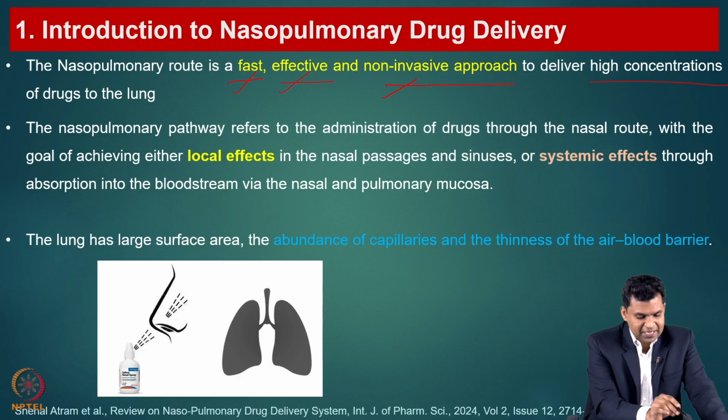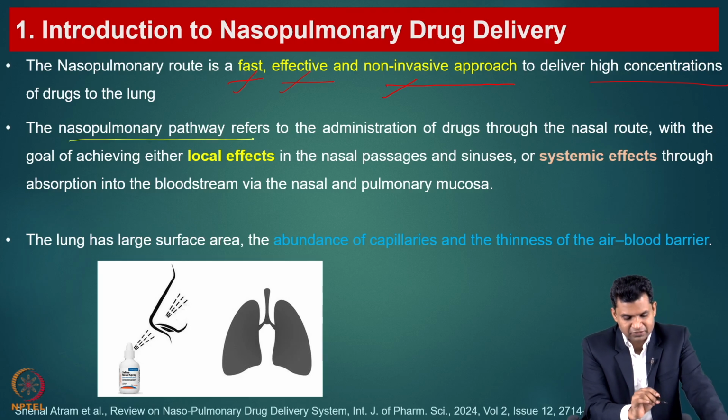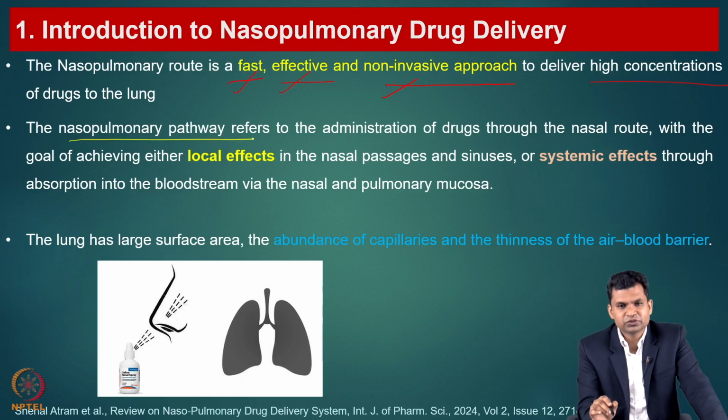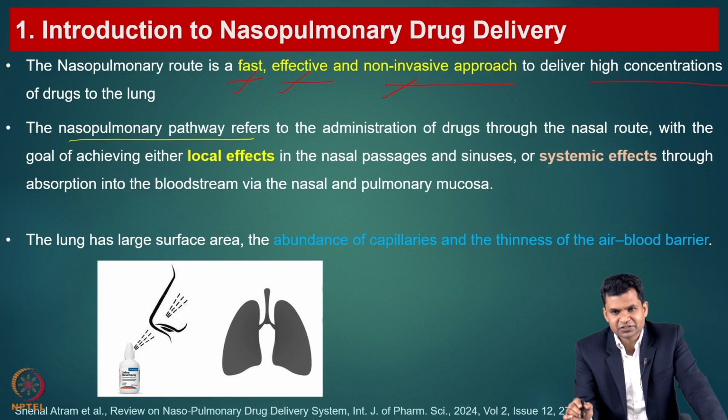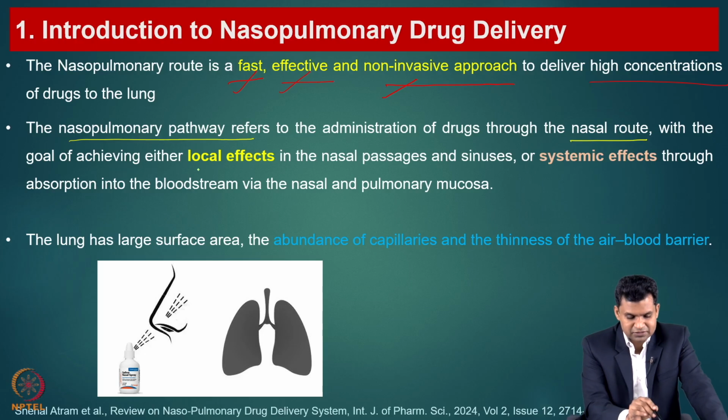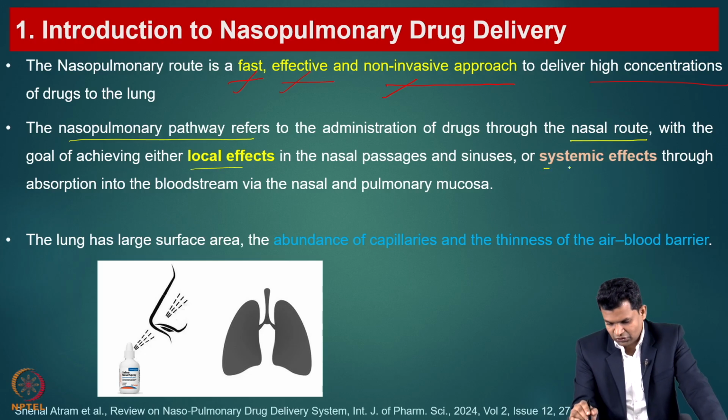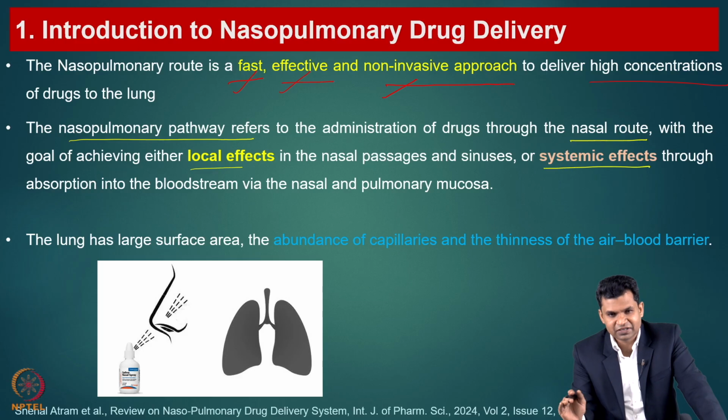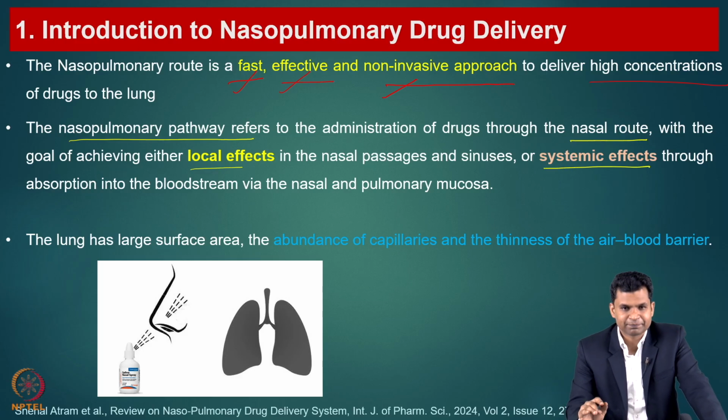This nasopulmonary pathway refers to the administration of drugs through the nasal route with the goal of achieving either a local effect or a systemic effect. The same case we have seen in the previous lecture on buccal administration, where we can expect local as well as systemic effects.